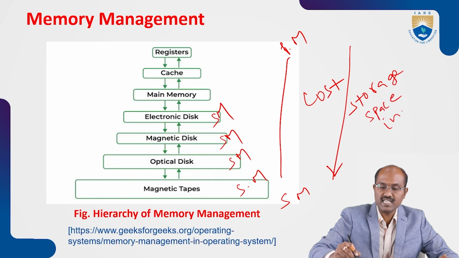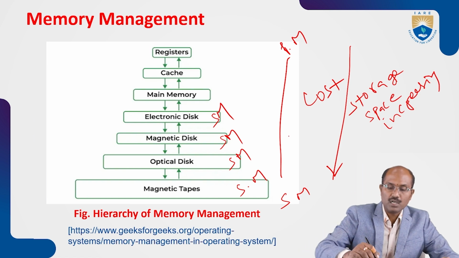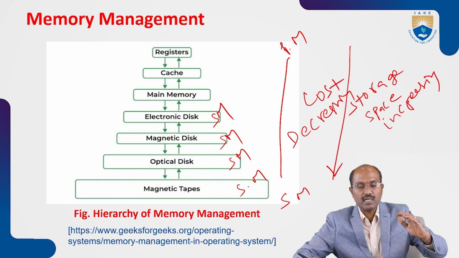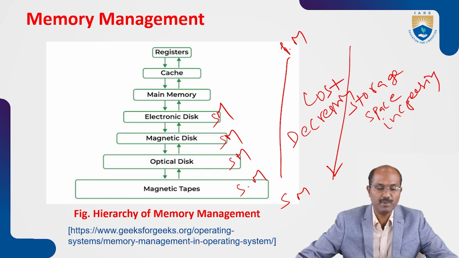When you go from bottom to top, cost is decreasing, depending on the registers, cache memory and main memory.